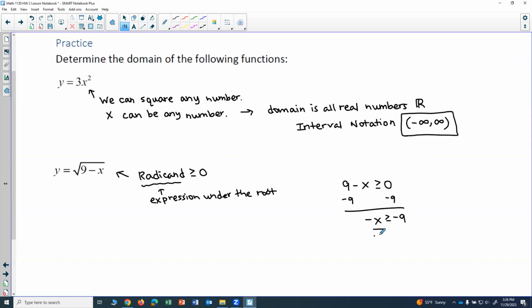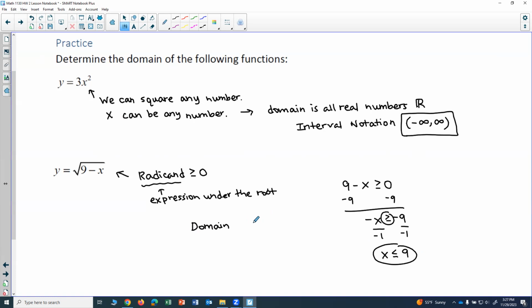When I divide an inequality by a negative number, it flips that inequality. And so this would become x is less than or equal to positive 9, because negative 9 divided by negative 1 is positive 9. So that will be my domain, and I just have to list it in interval notation.